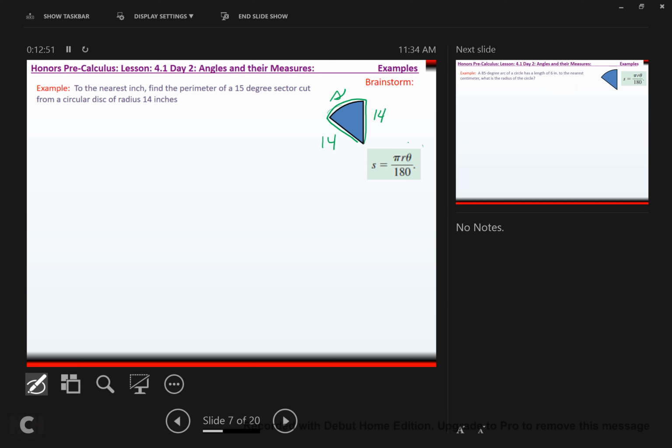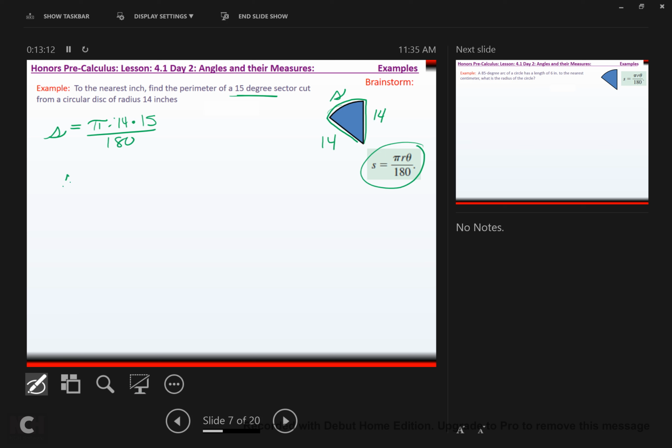Well, I'm using this formula because they gave me my angle in degrees, not in radians. So to figure out that arc length, it's going to be pi times the radius times theta, which is 15 degrees, divided by 180.